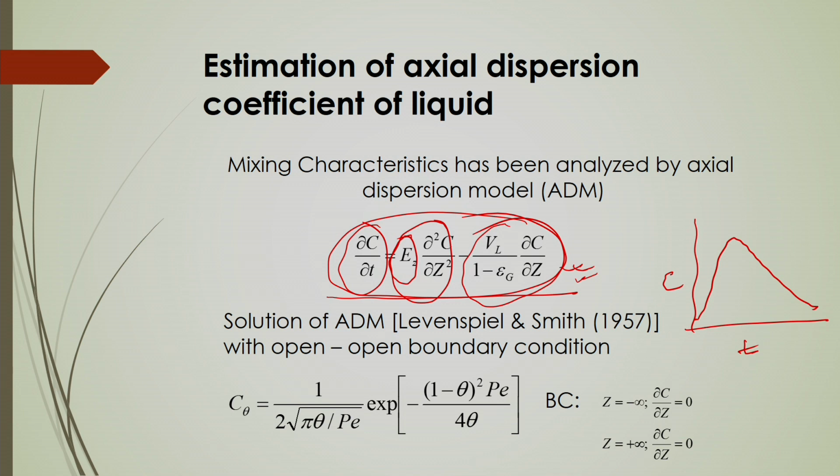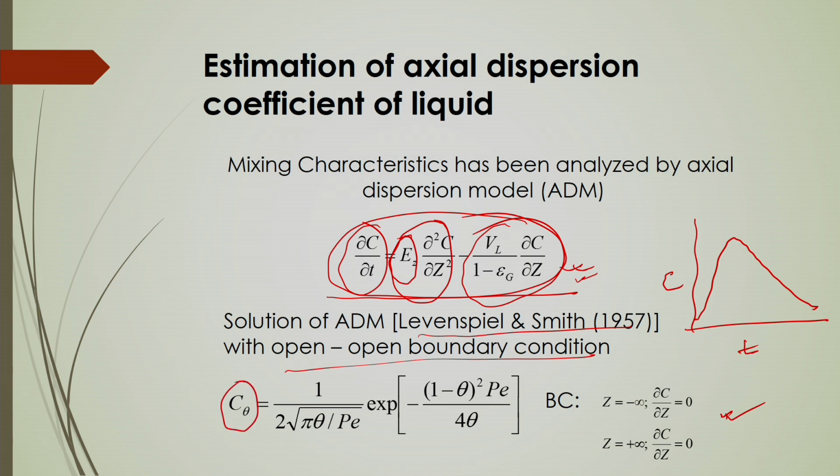Now, the solution of this axial dispersion model as per Levenspiel 1957 with open boundary condition is given like this, that is C theta is simply C by C0, where C0 is the initial concentration of the tracer, and C is the concentration at any time.